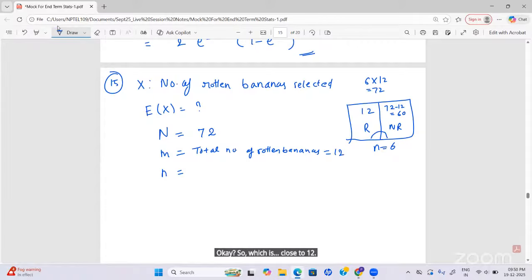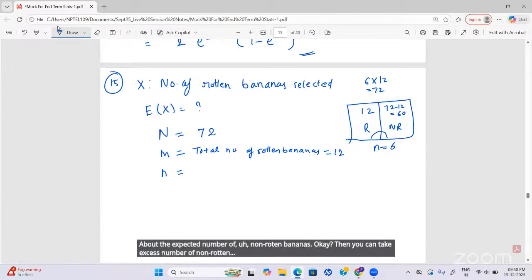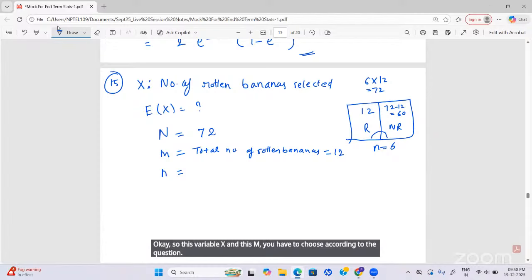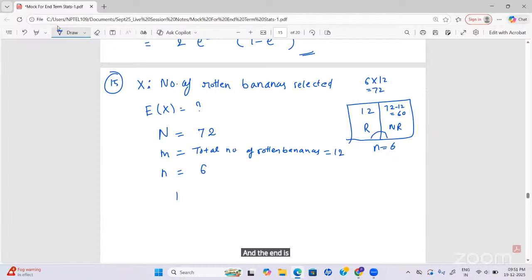If in the question we were asking about the expected number of non-rotten bananas, then you can take x as the number of non-rotten bananas, and this small m will be the total number of non-rotten bananas, which will be 60 in that case. So this variable x and this m you have to choose according to the question, and n is 6.